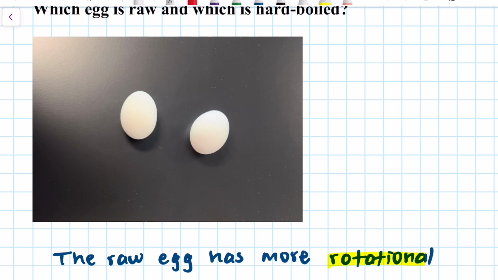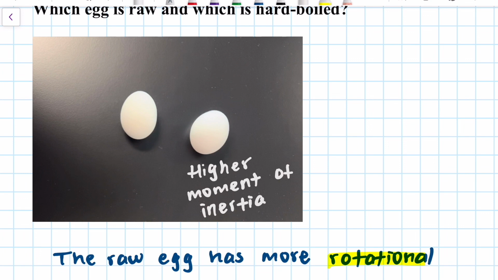Whereas the raw egg has more moment of inertia because it was harder to get it to spin, and once it was spinning and I tried to stop it, it didn't want to stop. So the raw egg has higher moment of inertia.